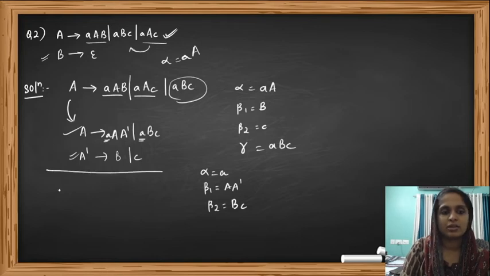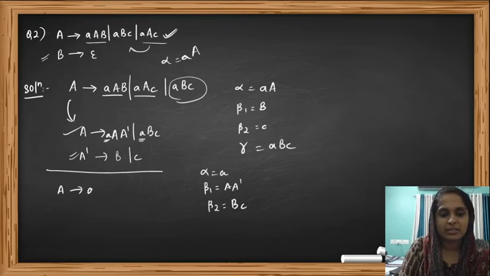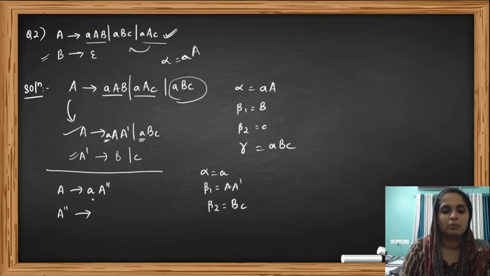So our solution will become A produces alpha A double dash. Because A dash we have already introduced. So A produces alpha A double dash. Alpha is A and A double dash bar gamma. But here there is no gamma. And what is A double dash? A double dash is beta 1 bar beta 2. Beta 1 is A dash and beta 2 is B C. And what is this A dash?